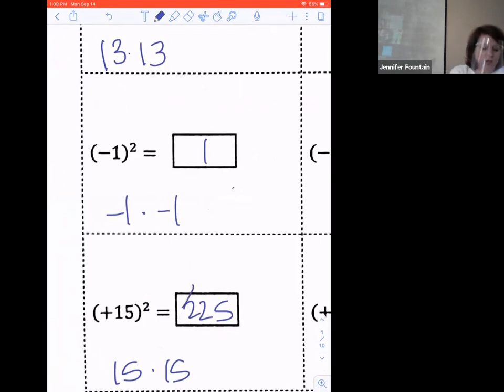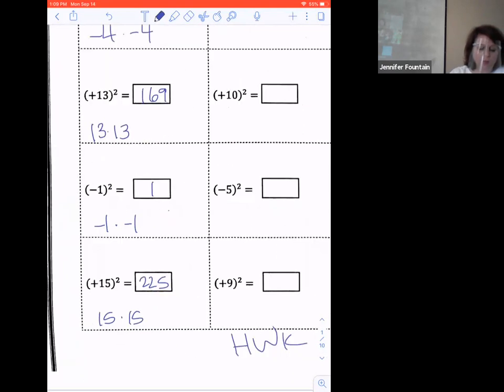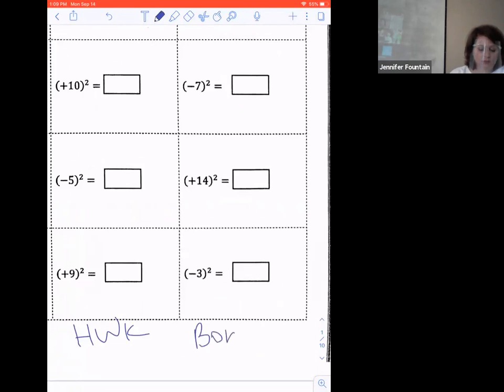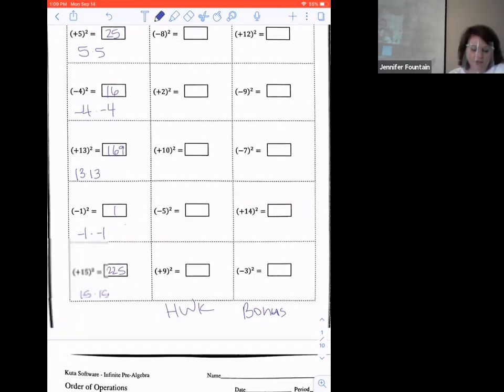So our middle column, we will put down as homework, and then the right-hand column will be bonus. Remember the bonus, it's up to you how many you do. You can do all or nothing, or some, whatever you want to do, okay? It'll be a quarter point for each item, so it'll take 4 correct items to get a whole bonus point.